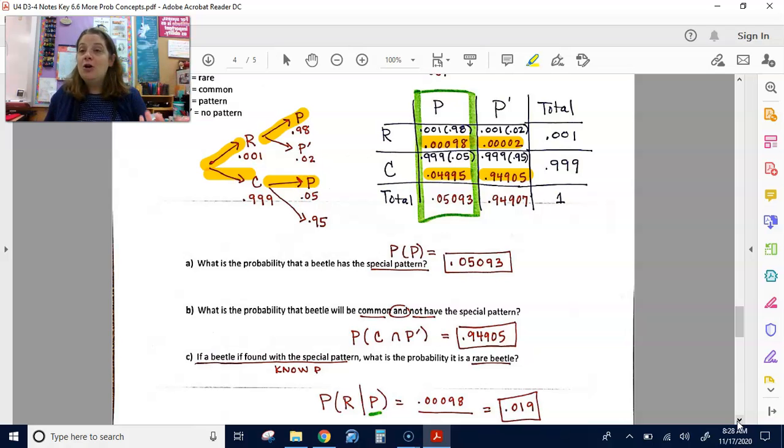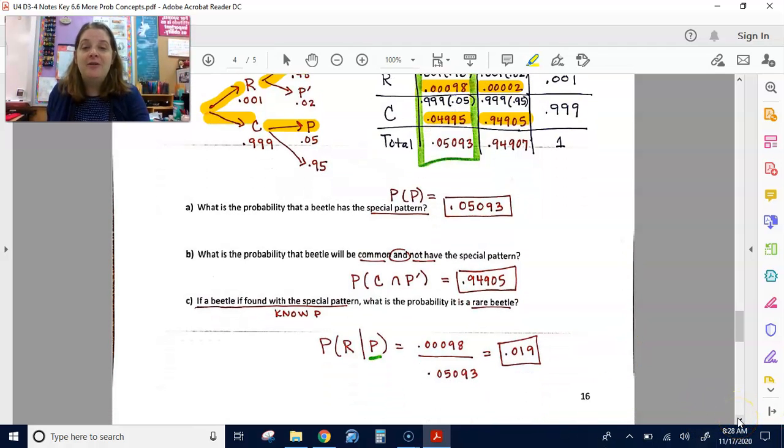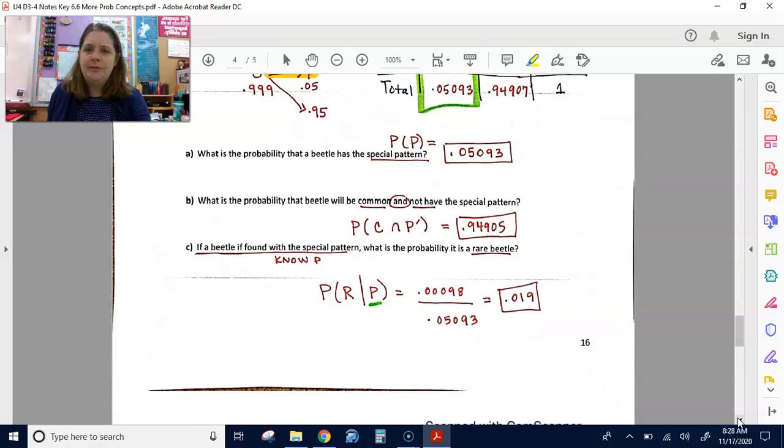So even though a large percentage of the rare beetles have the pattern, it's still such a small number that it's still really unusual. Even if he finds one with the pattern, the chance of it being one of our rare ones is only 2%, which is very small.